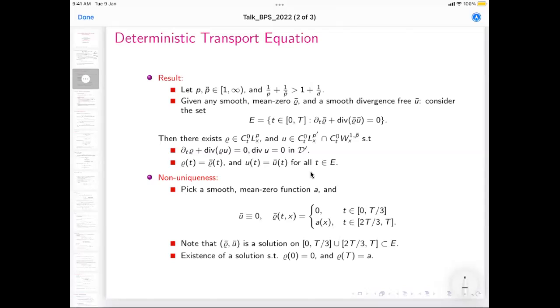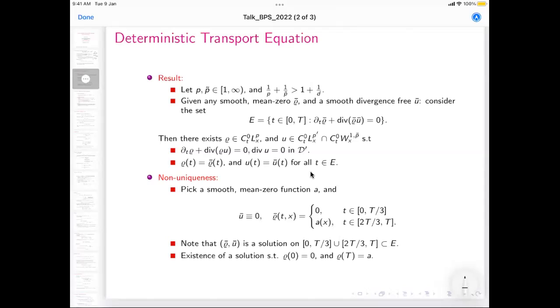I mean, rho at time 0 is 0, and rho at final time, I'll get this function. And this will give you non-uniqueness, because for the transport equation, if you start with 0, 0 is always a solution, no matter what u is. So the point I wanted to make is that this is actually a non-physical solution, because you are starting with nothing and producing something. So that's very controversial.